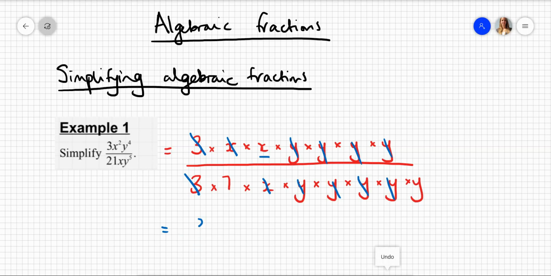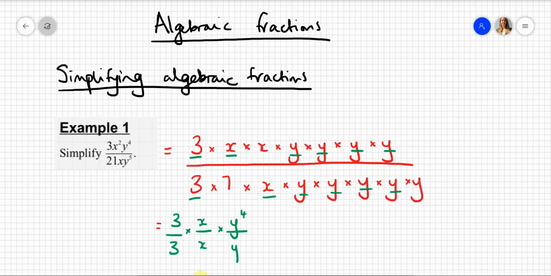So if I get rid of this answer, go back to none of them being crossed out, what's actually happening, the reason that we can do what we just did, is if we take out the common factors, we've got 3 in both, we've got an x in both, and we've got y to the 4 in both, and we can separate a fraction into different fractions multiplied together as long as the top and the bottom are all multiplied together.